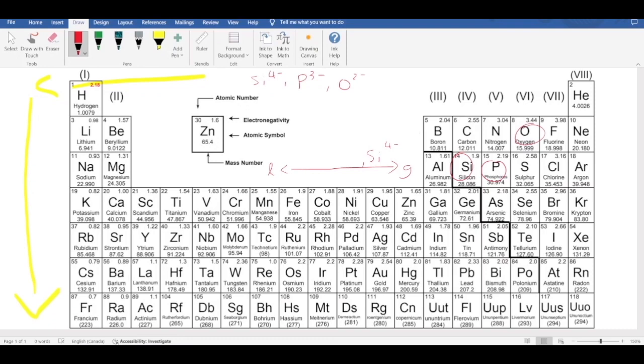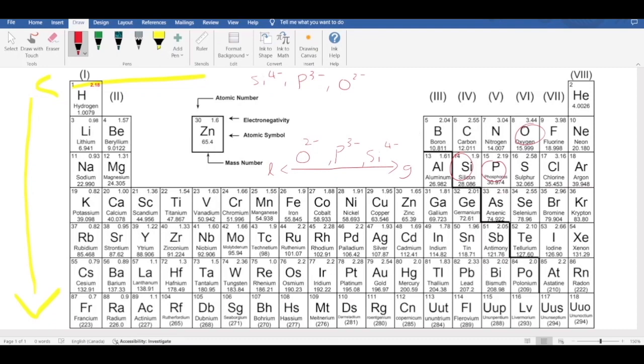Now we have phosphorus, charge of 3 minus. It gained 3 electrons, which is more electrons than is gained than the oxygen. So the oxygen would be the smallest. This kind of question looks quite simple. However, silicon is a metalloid.